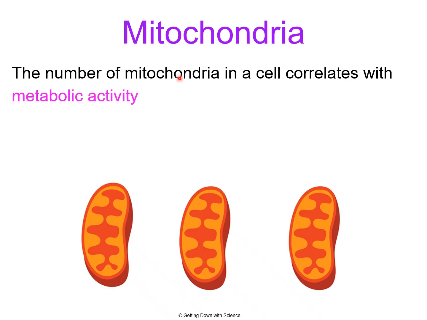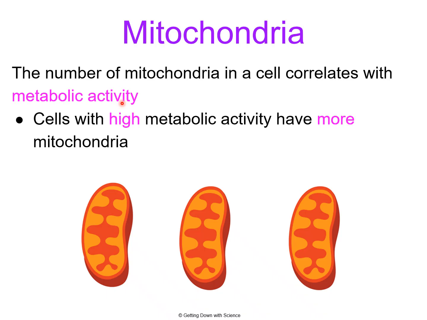So the cell is going to be doing a lot of work if it has a lot of mitochondria because it requires a lot of energy. So cells with high metabolic activities have more mitochondria. Therefore, cells that have to move or contract will have a lot more mitochondria than cells that pretty much don't move, they don't contract, and they don't require a lot of energy.